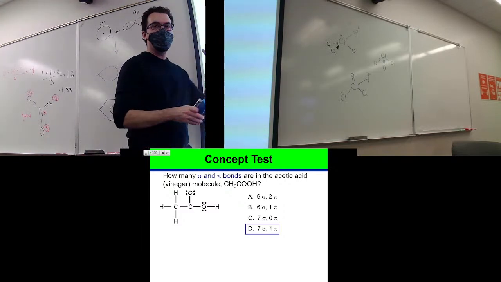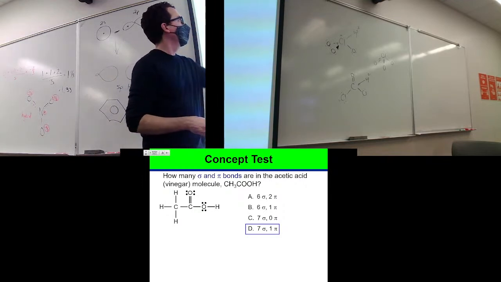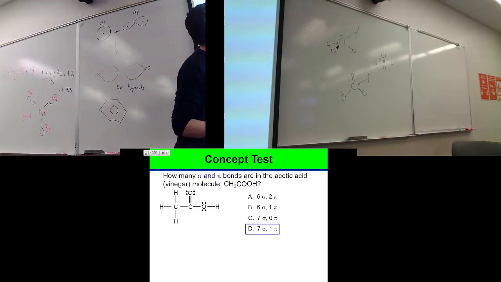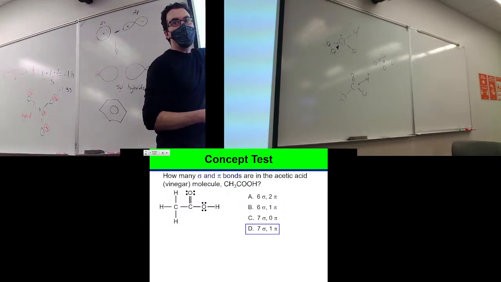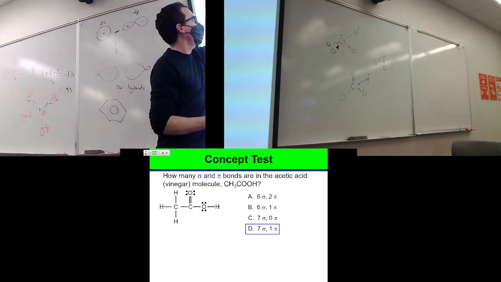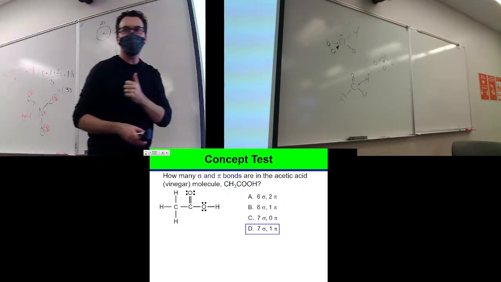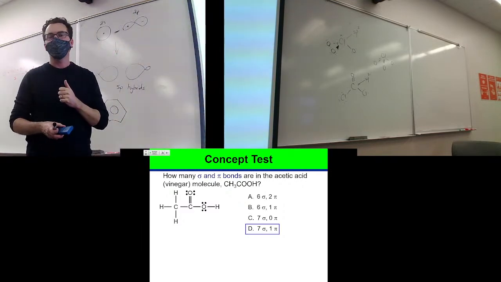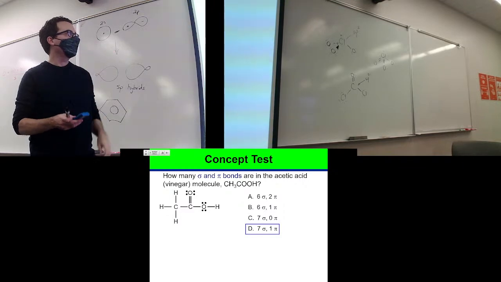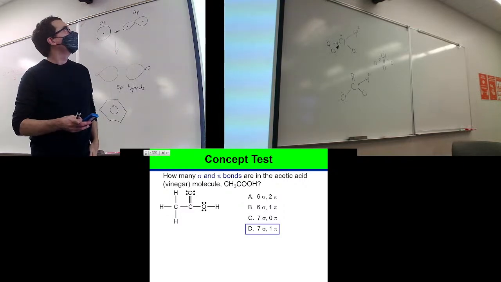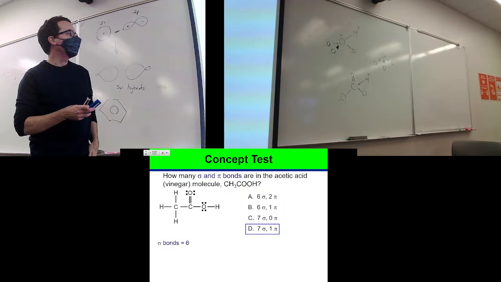So every bond starts with a sigma bond. So there's 1, 2, 3, 4, 5, 6, 7 sigma bonds. And the second part of this double bond is the pi bond. So there's 7 sigma, 1 pi. All right, so tricky until you get used to it.